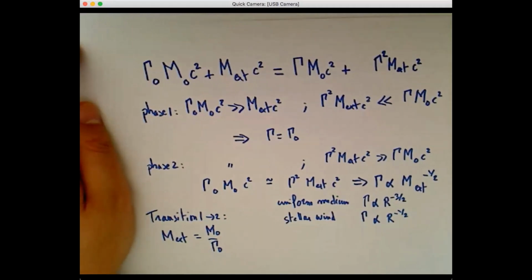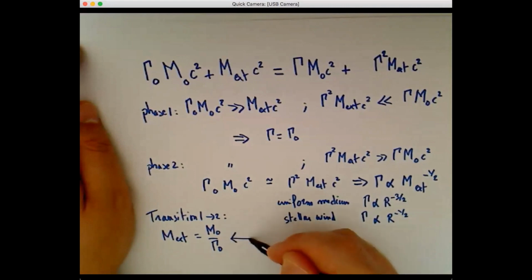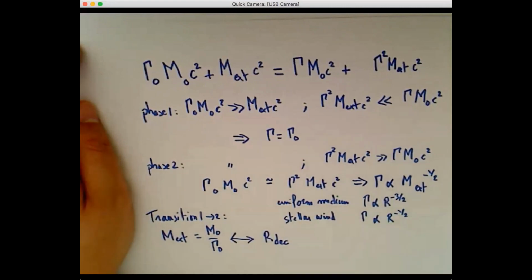And in special relativity, the result is not very intuitive. If you want to stop a mass m with a Lorentz factor gamma, you just need to put in front of it a mass m over gamma. So this is our result. And from this estimate, I can deduce the corresponding radius, which is the deceleration radius.